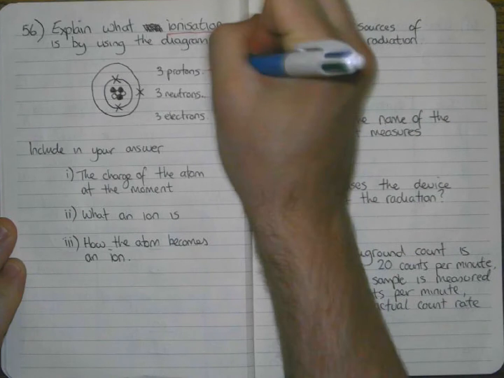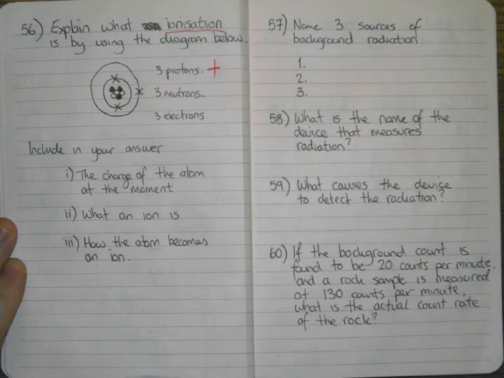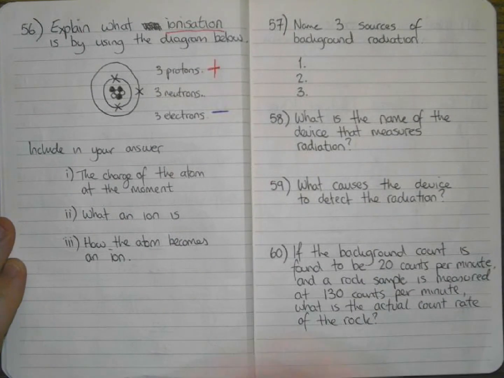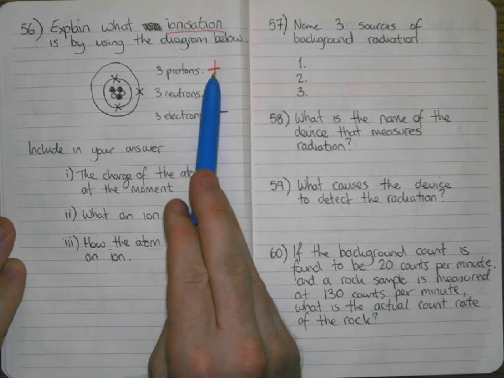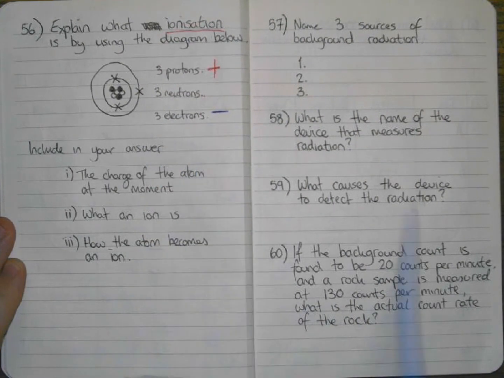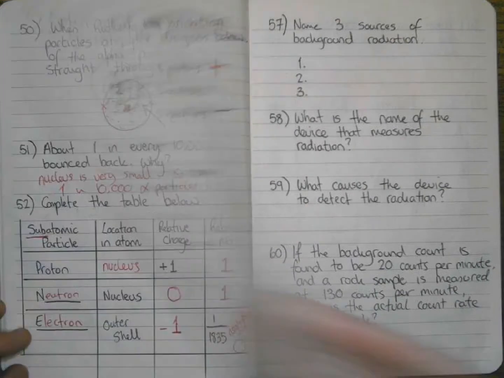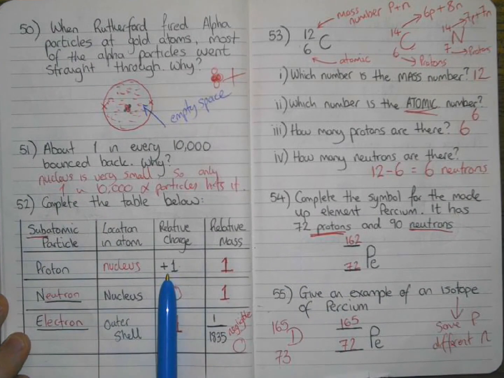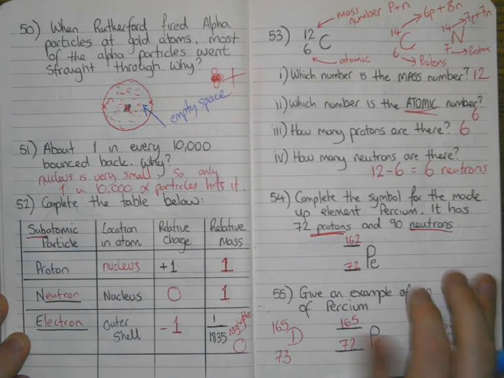Protons are positive, electrons are negative. So at the minute we've got 3 positive protons and we've got 3 negative electrons. If we recall our table, we said that the charge of a proton is +1 and the charge of an electron is -1.